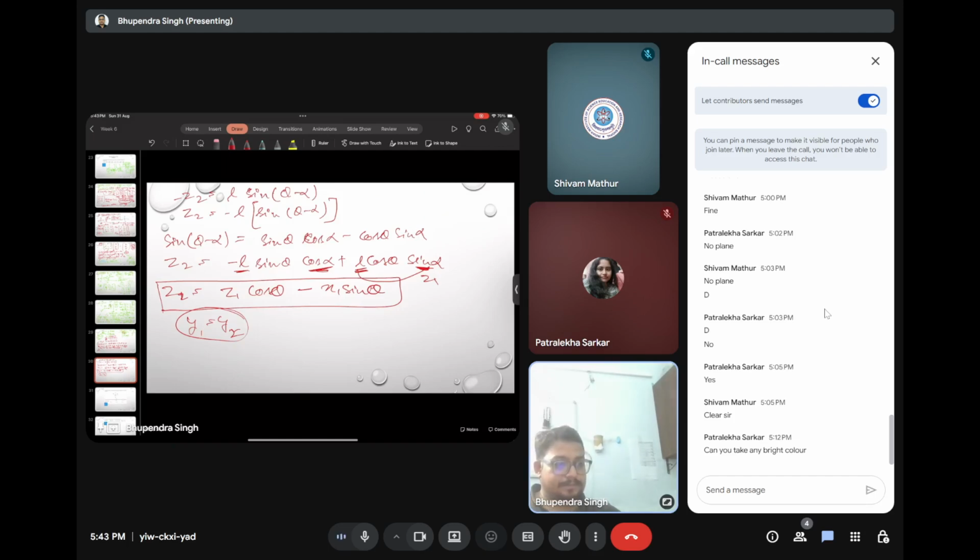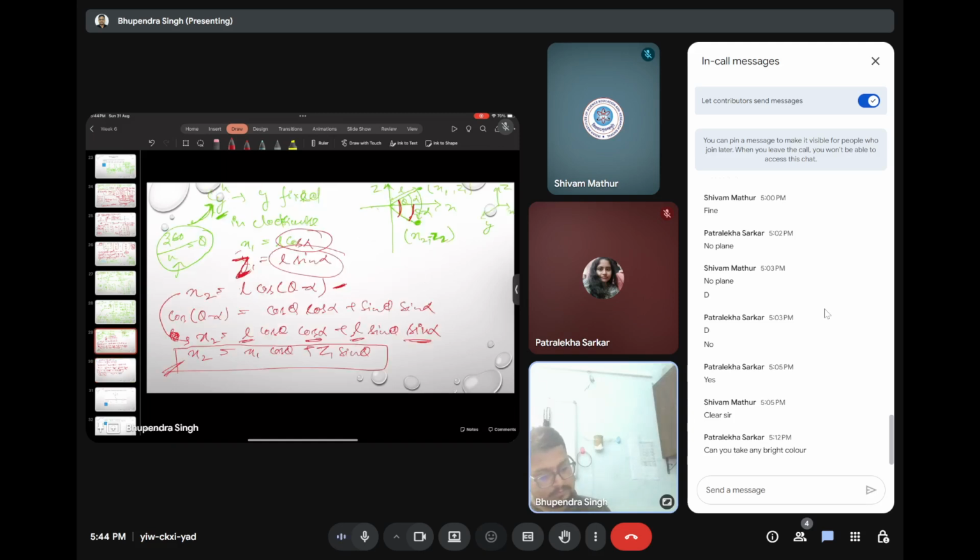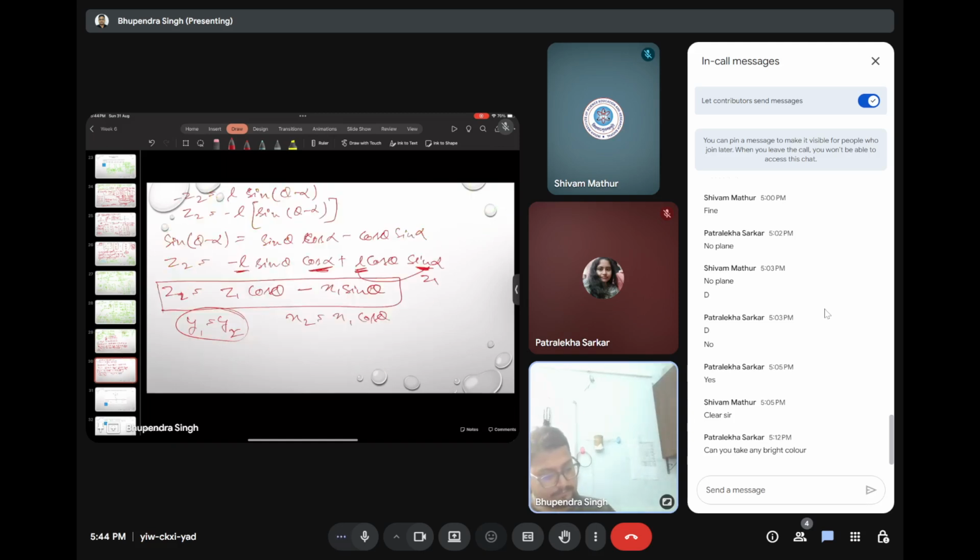Okay, so now I'm writing here x2 equals x1 cos theta plus z1 sin theta, and z2, y2. Now try to write down the transformation matrix.